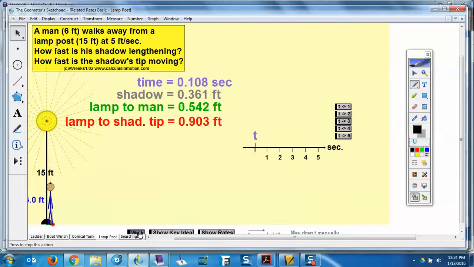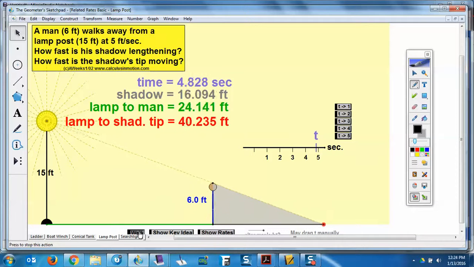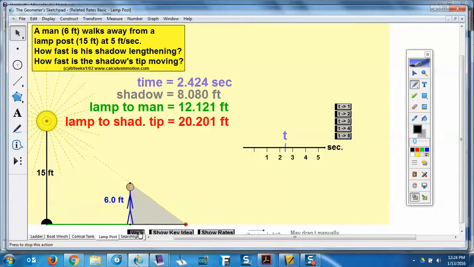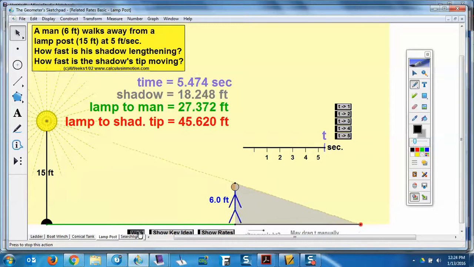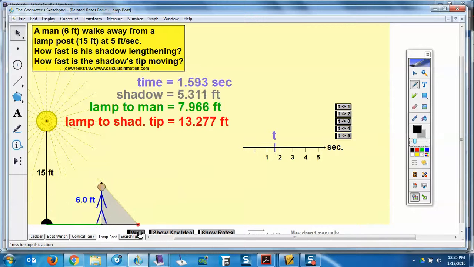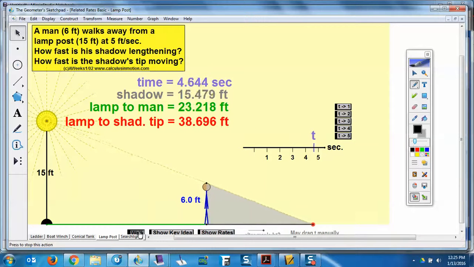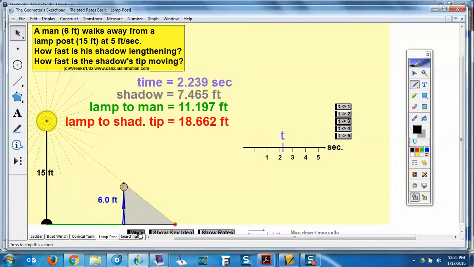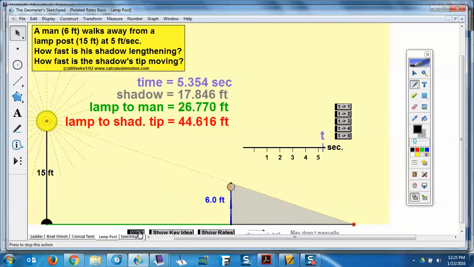In number 4, it talks about how far away he is at a certain time, but then it asks how fast is his shadow lengthening, right? And I think in the book they call this X, the green distance, and they call the black distance S for his shadow. So how fast his shadow is lengthening would be S prime, right? That would be the rate that the black segment is increasing.